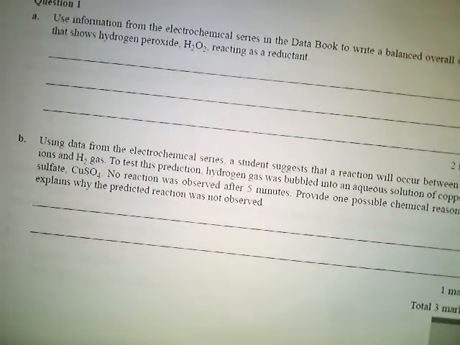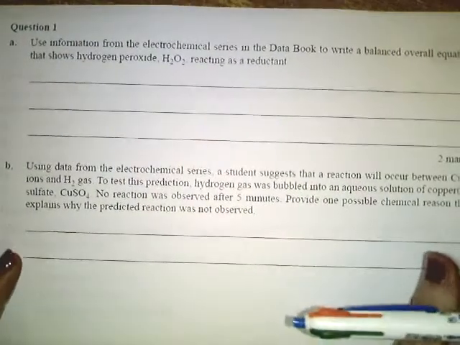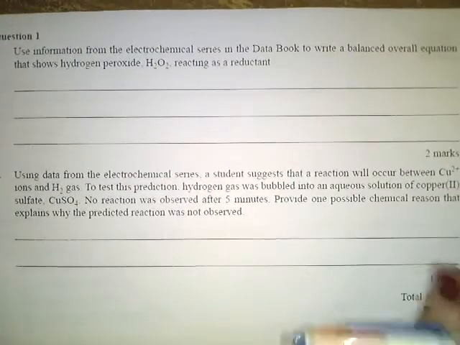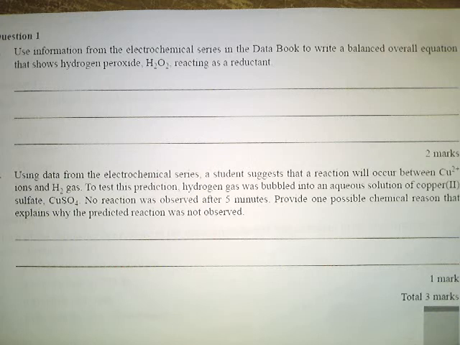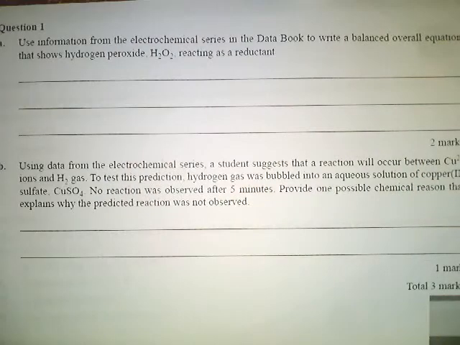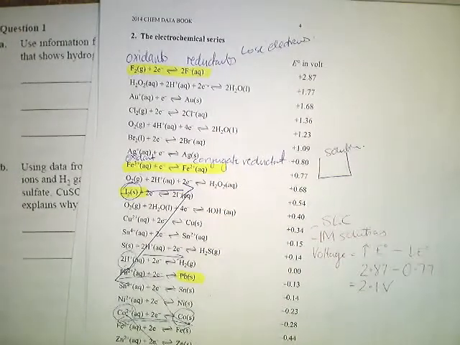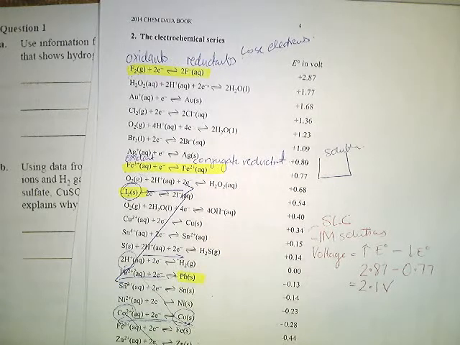Okay, now this question. Use the information in the electrochemical series to write a balanced overall equation that shows hydrogen peroxide acting as a reductant. So if we have a look at that, hydrogen peroxide acting as a reductant has to be on this side.